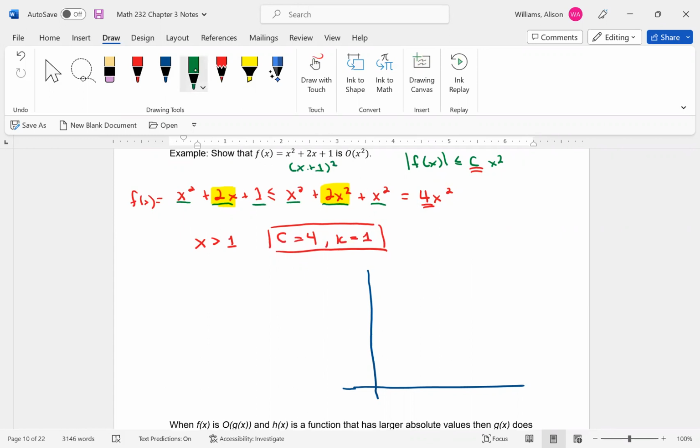And that is a parabola with a vertex at -1, 0. Or you could just say that you definitely see that it goes through the point -1, 0, right? Plug in -1, we're going to get 0 for f of x. And it also has a y-intercept of 0, 1.